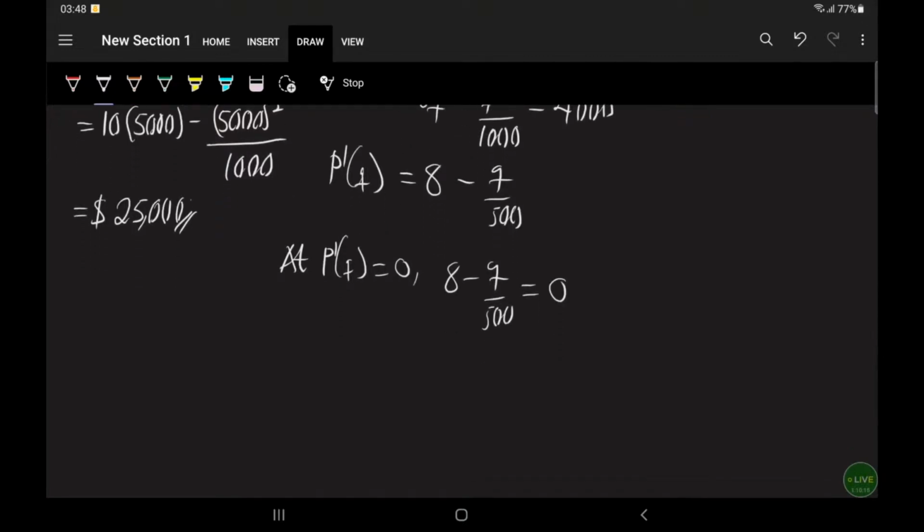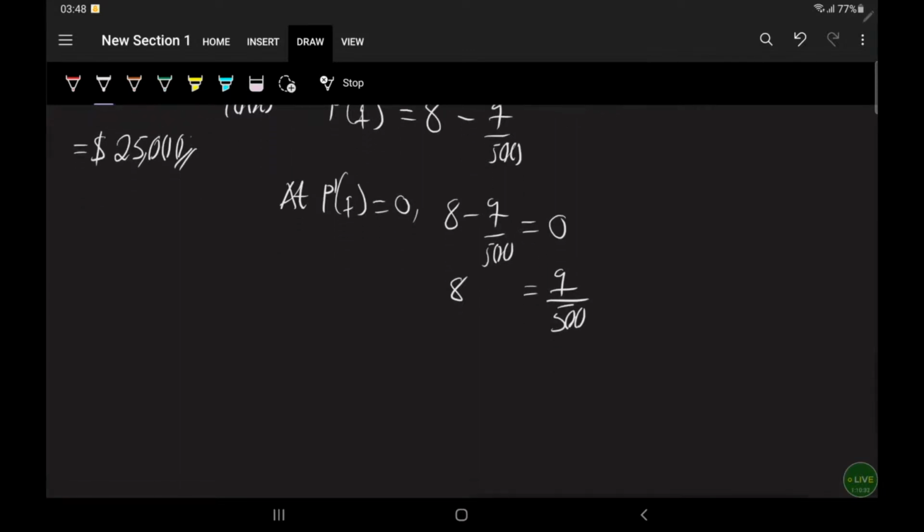So therefore it is just a matter of making Q the subject of the relation. So I can say that 8 should be equal to Q over 500. I just brought the negative Q over 500 to join the 0, so it becomes positive. So it's a matter of cross multiplication: 500 multiplying 8 and Q multiplying 1.